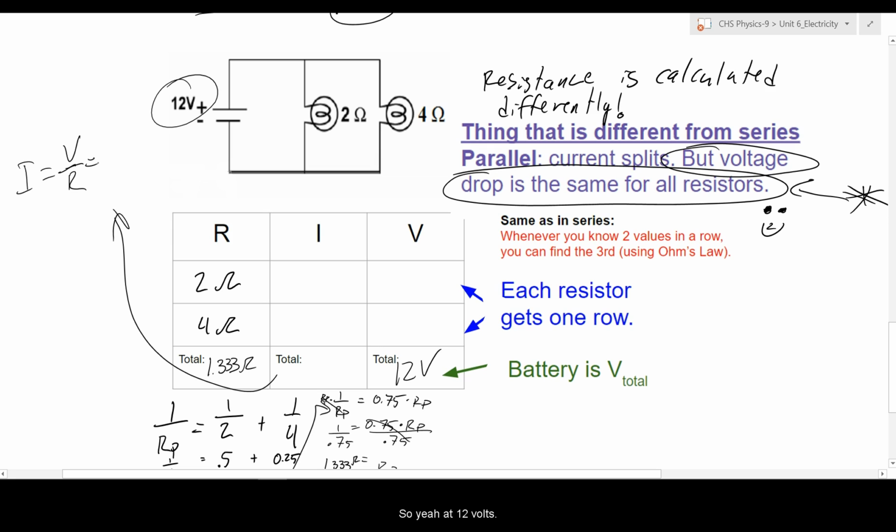So we got 12 volts divided by the 1.333 ohms, and we end up with something really close to 9 amps.